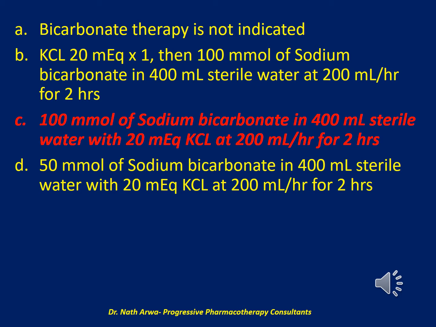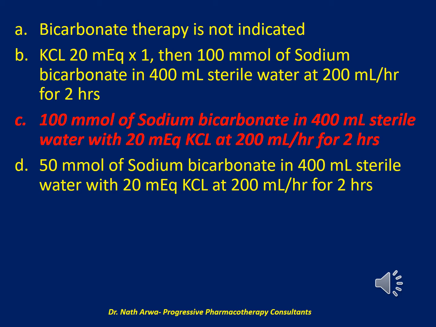Adults like this woman with DKA and pH less than 6.9 should receive 100 mmol of sodium bicarbonate in 400 ml sterile water with 20 milliequivalents of potassium chloride at 200 ml per hour for 2 hours until the pH is above 7.